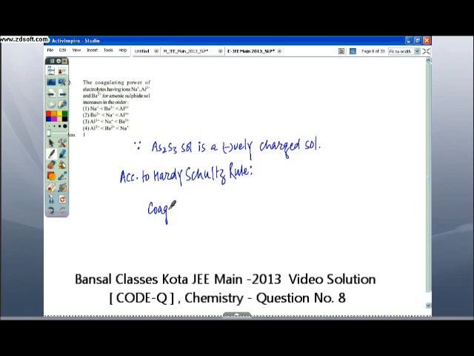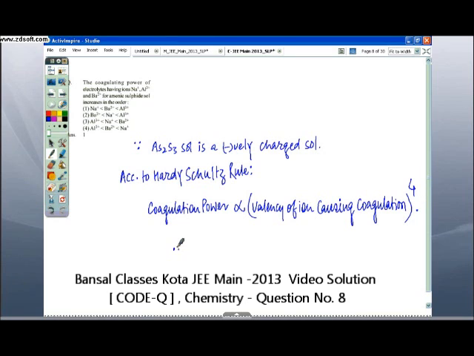coagulation power is directly proportional to the valency of ion causing coagulation raised to the power of 4.